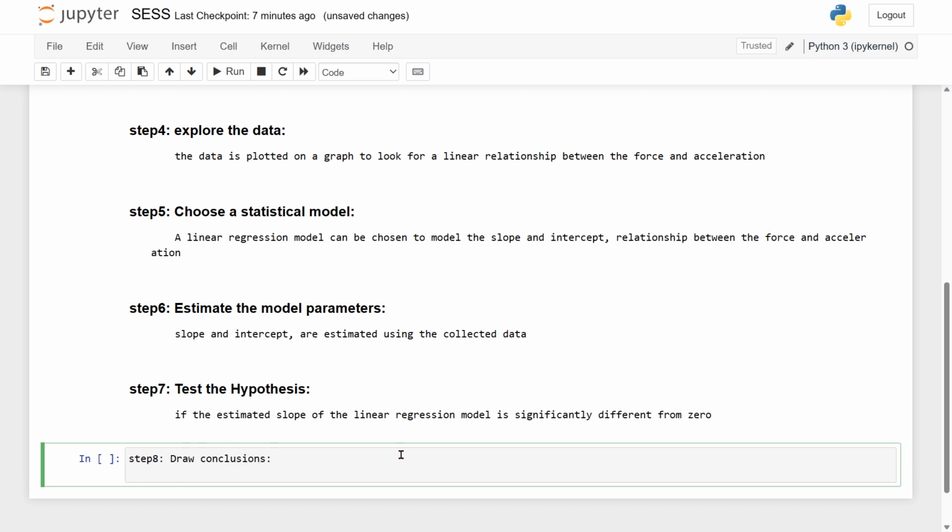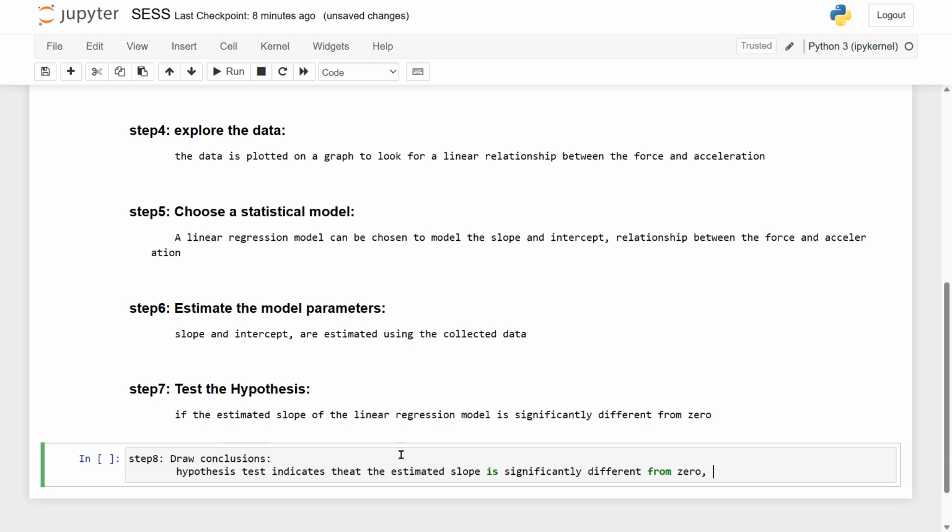In this case, the hypothesis test indicates that the estimated slope is significantly different from 0.